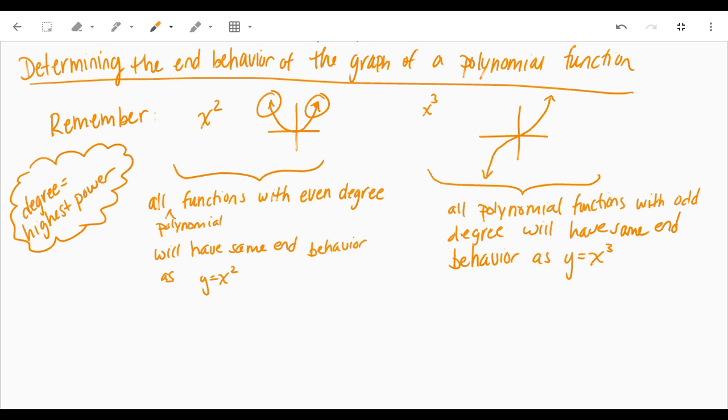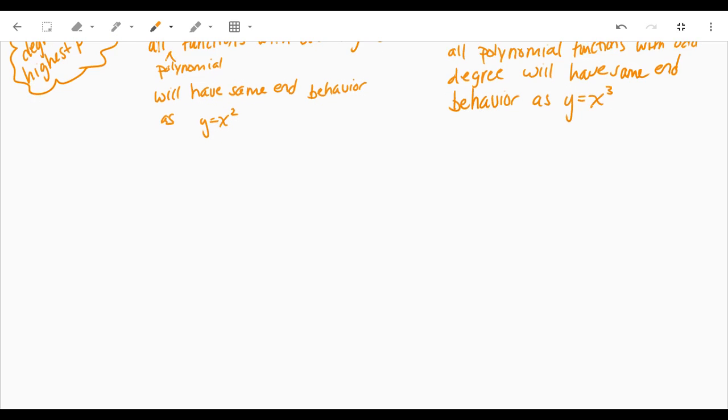In other words, we'll look in opposite directions here, okay? So to the left, it's pointing down towards negative infinity, and to the right, it's pointing up towards positive infinity, unless it were a negative x cubed, and that would flip, okay? So we're going to look at some examples here.